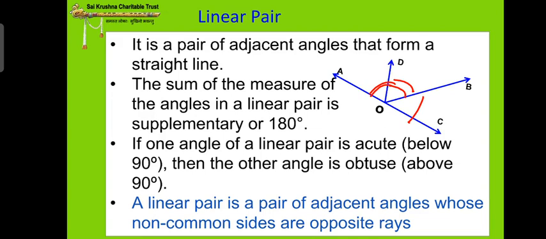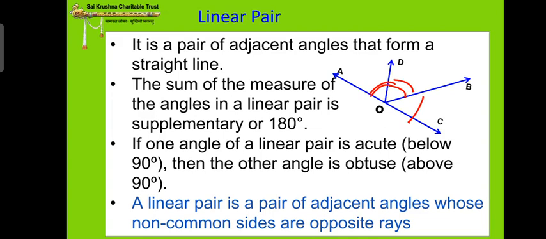And when the sum is equal to 180 degrees, it becomes supplementary. In the same way, the sum of the measures of the angles in a linear pair is 180 degrees, which means when you add the angles, it must sum up to 180 degrees. It is the same condition for supplementary also.